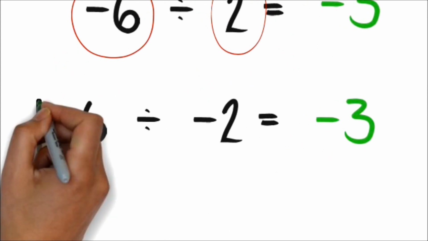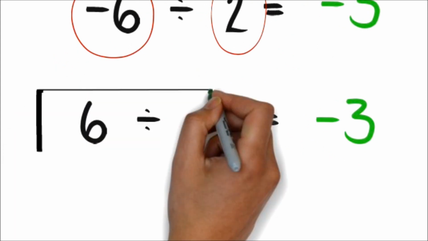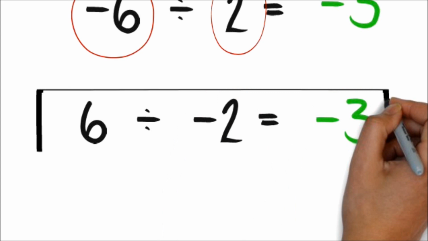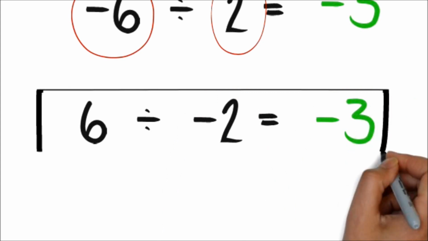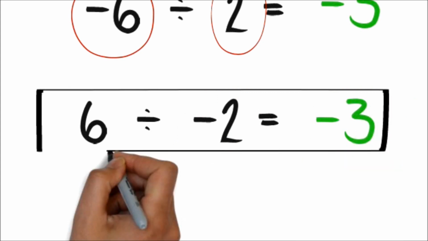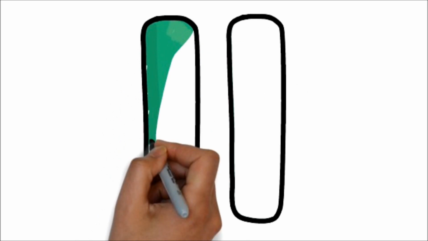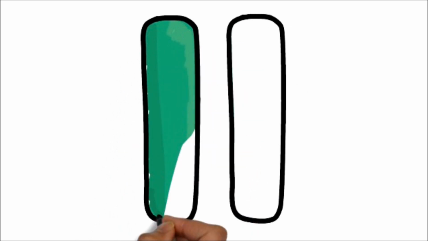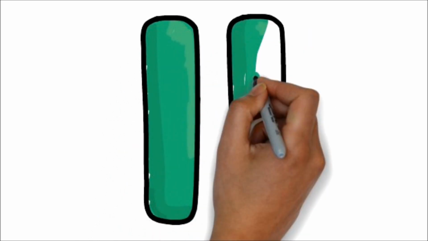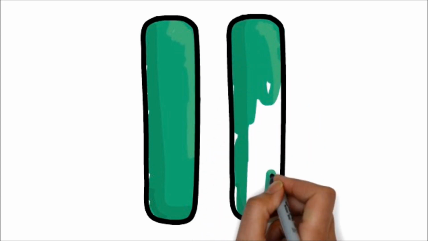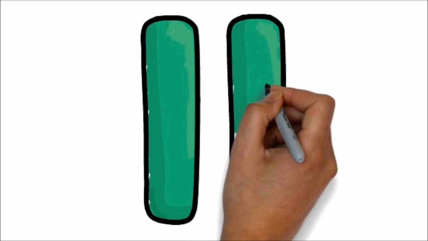Here again, one of the numbers is positive and the other is negative, so our final answer is negative. Please pause this video and make sure you are familiar with the multiplication and division of negative numbers before we move on.